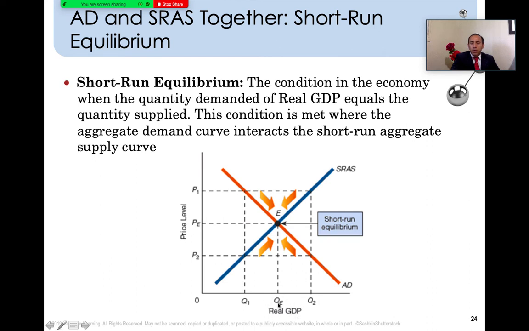This is referred to as the actual level of GDP in equilibrium and the normal level of GDP in equilibrium. If the market is in equilibrium in the short term and in the long run, the equilibrium real GDP values are both equivalent, and the market is efficient and everything is functioning well.